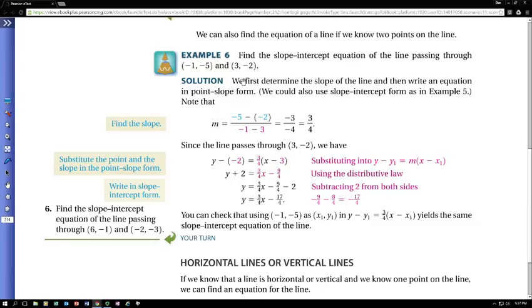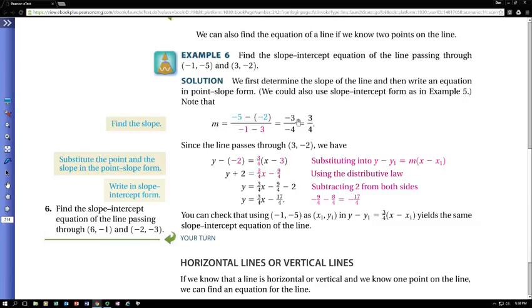I just use the slope formula, which is the difference of the y-coordinates over the difference of the x-coordinates. In this case, we get -3 over -4, or 3/4 would be the simplified version of that fraction, because simplified means the only common factor between the numerator and denominator is 1, which is true for 3/4.